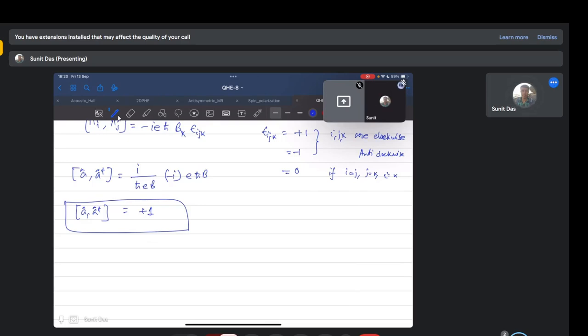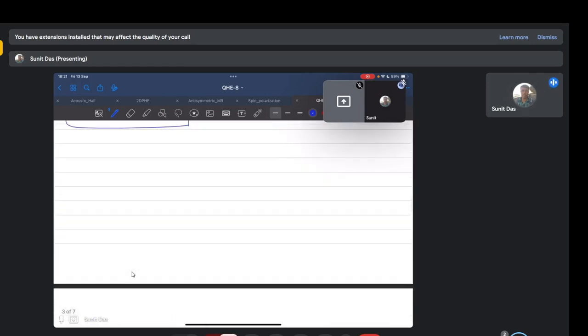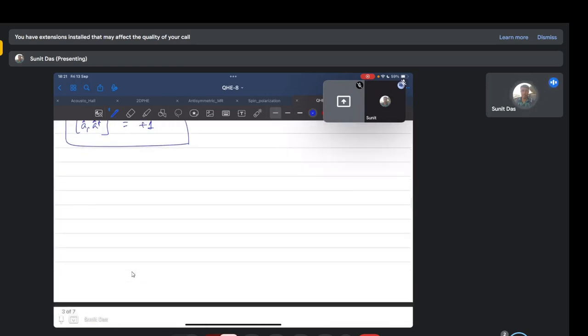So the operators pi are not really canonical, because for them to be canonical, we need the commutator of the operators to be 0, but that's not the case.